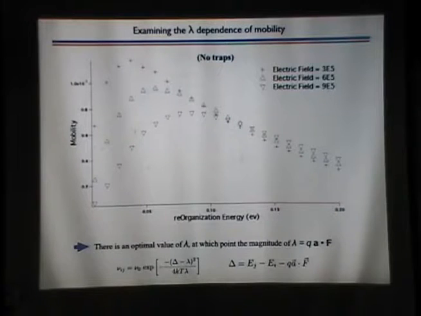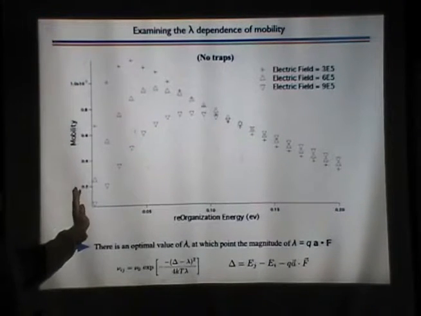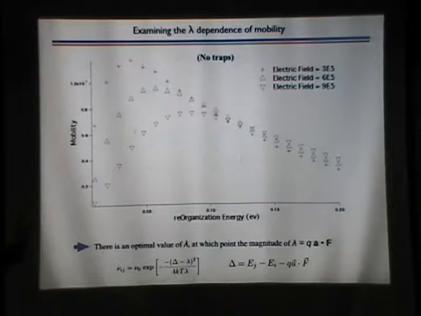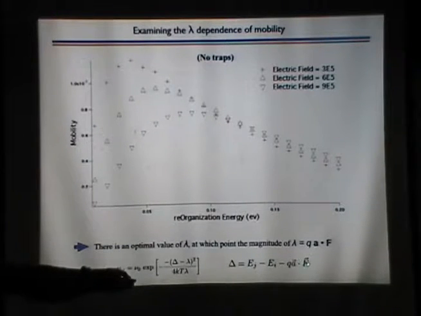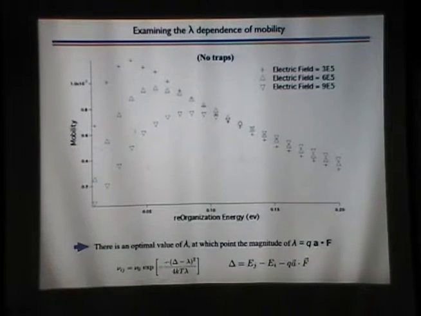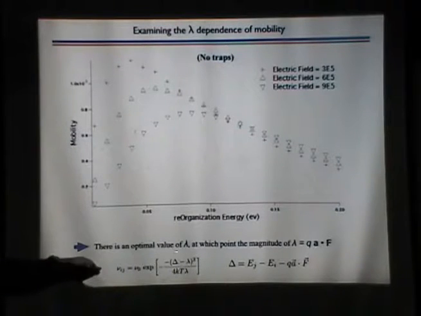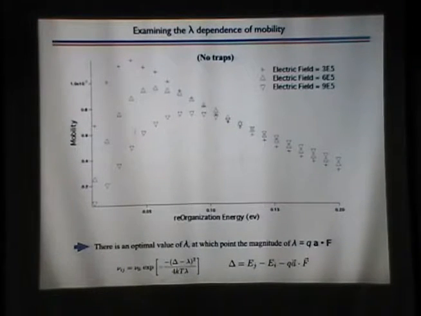Most of the discussions in the field always say, well, you want the lowest possible reorganization energy. And that's true if there's no field. If you just have two molecules, one has a charge, there's no electric field, you would prefer lambda to be 0, and that would give you the highest rate of charge transfer. But when there's a field term, the F that's inside the delta, now the top of the exponent goes to 0 at a non-zero lambda.